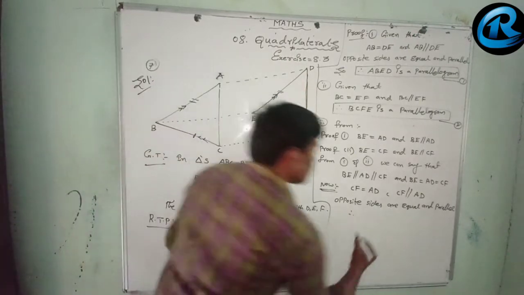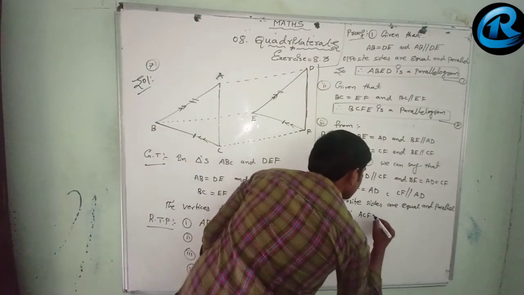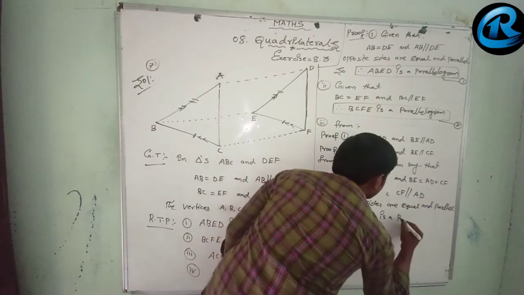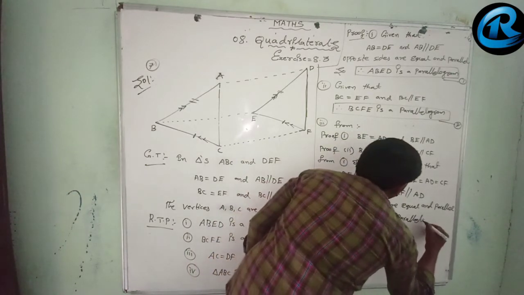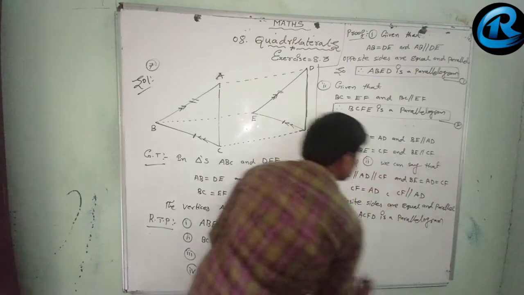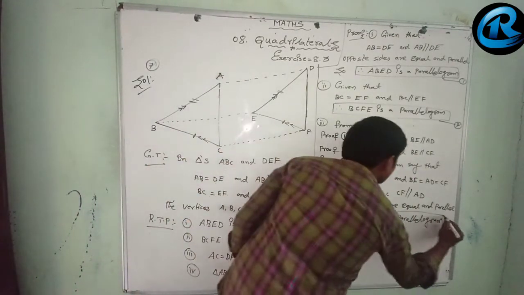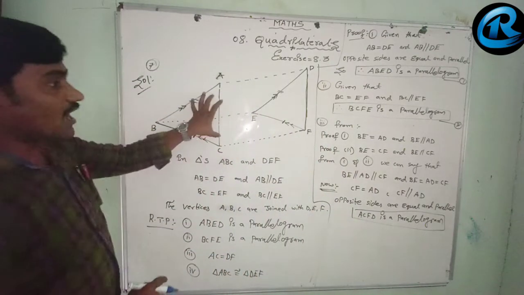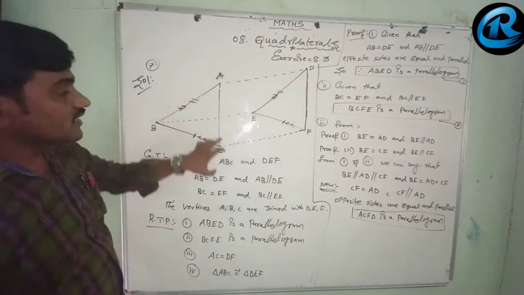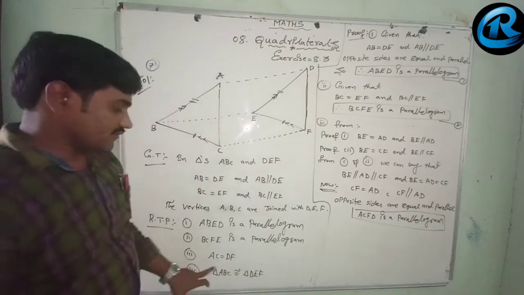ACFD is a parallelogram. If ACFD is a parallelogram, opposite sides will be equal. So here AC will be equal to DF.